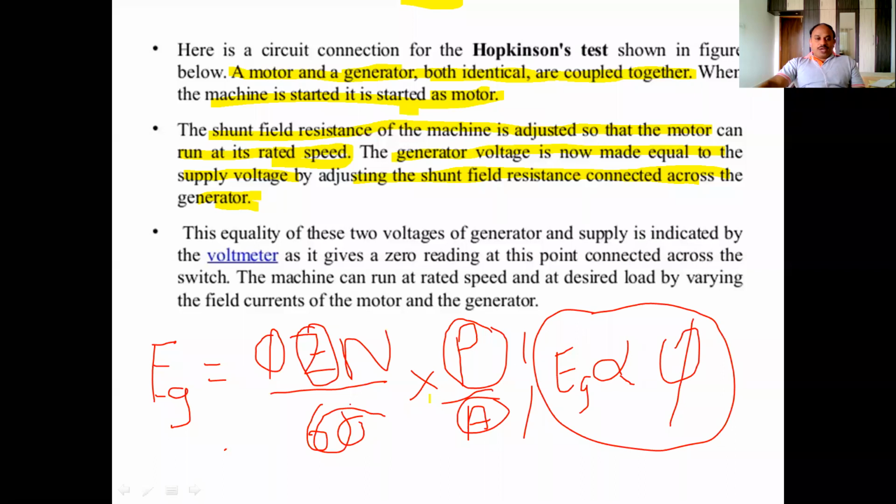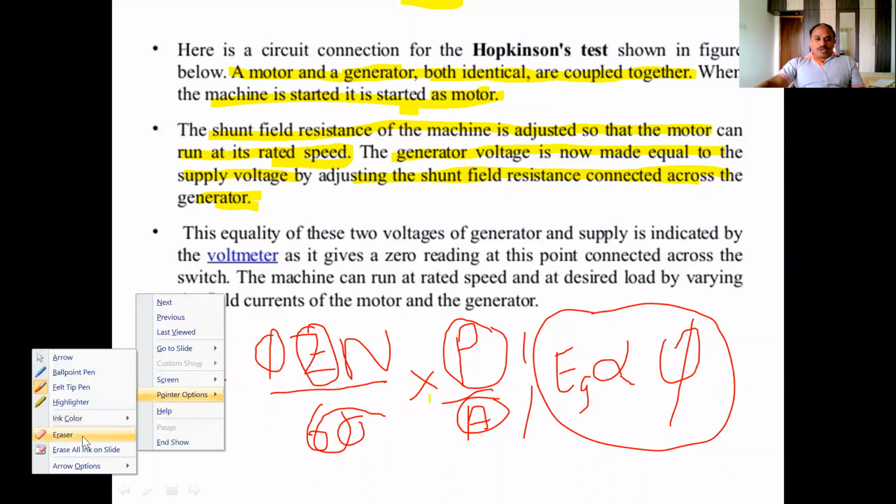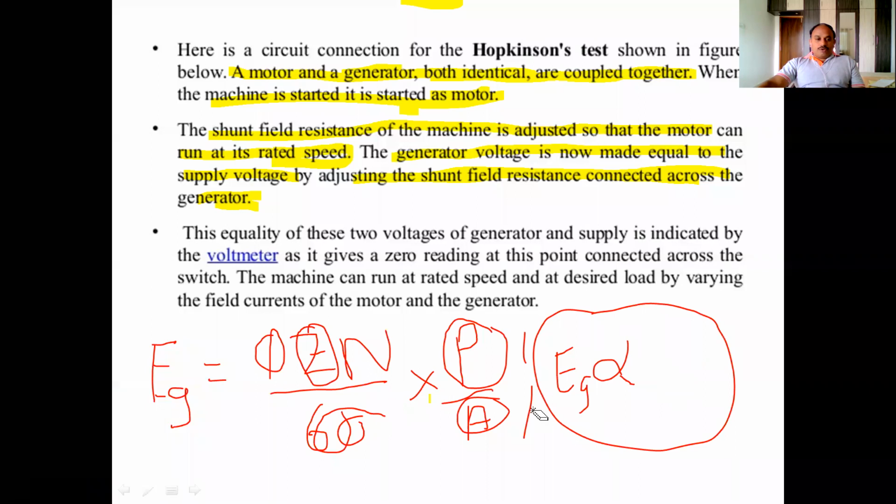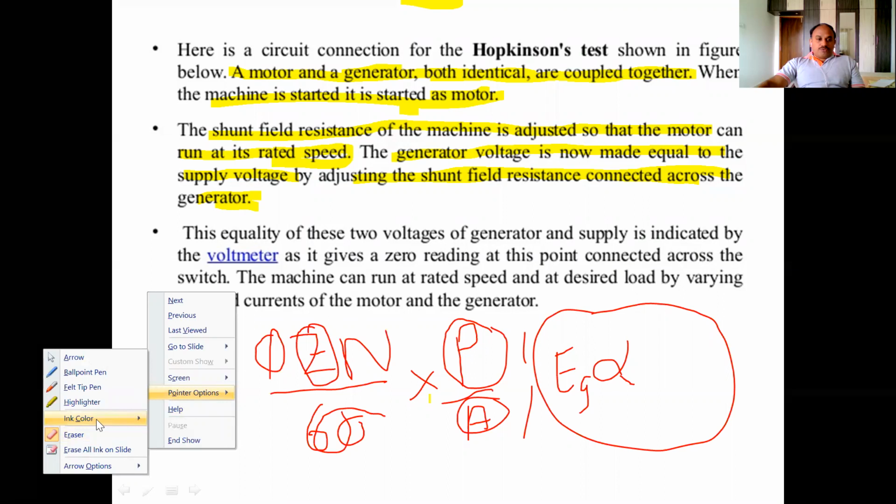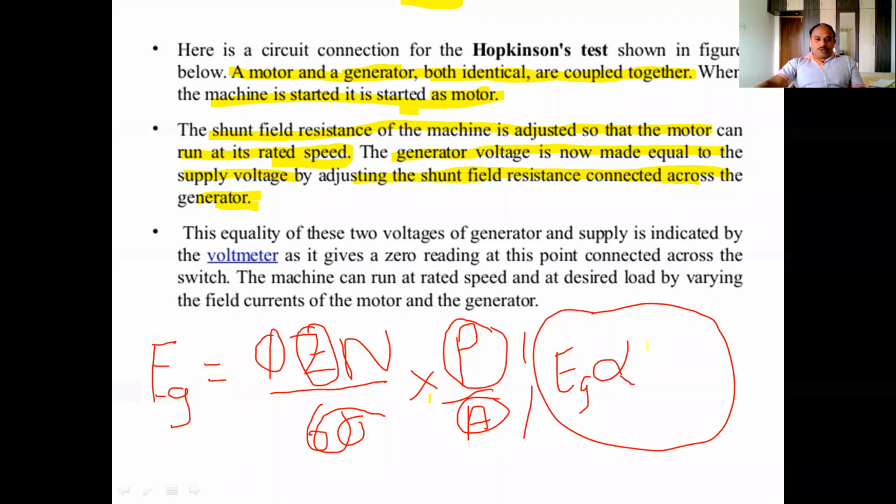Flux is proportional to field current, therefore Eg is also proportional to field current, If. So generated EMF varies by varying the field current of the generator.